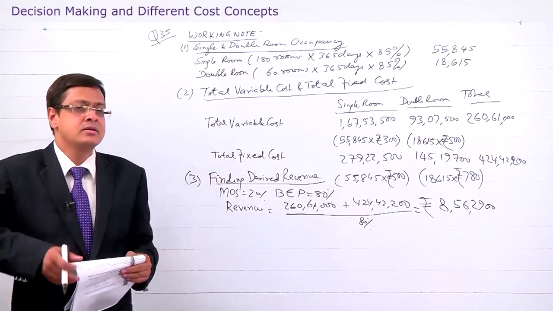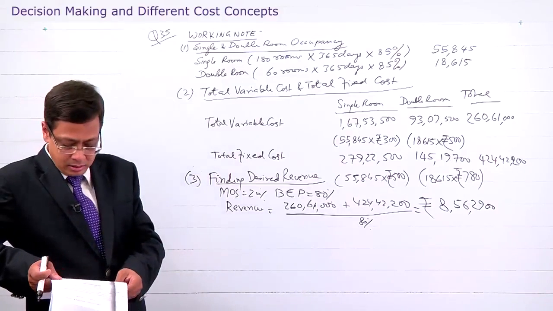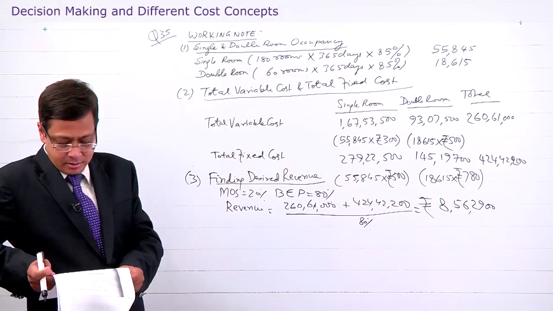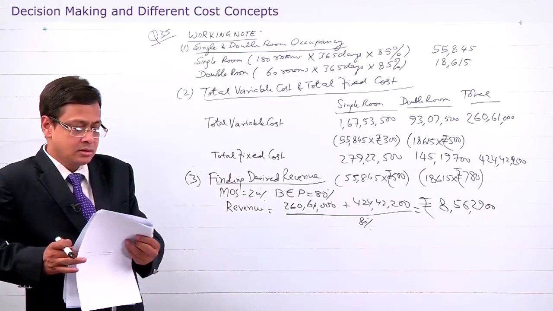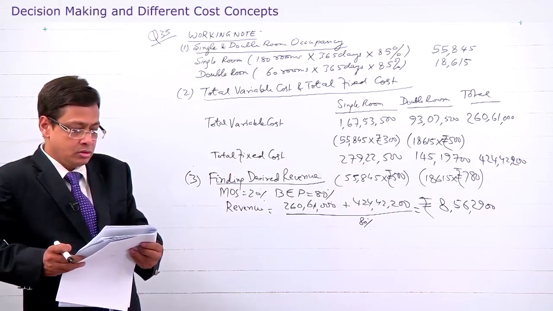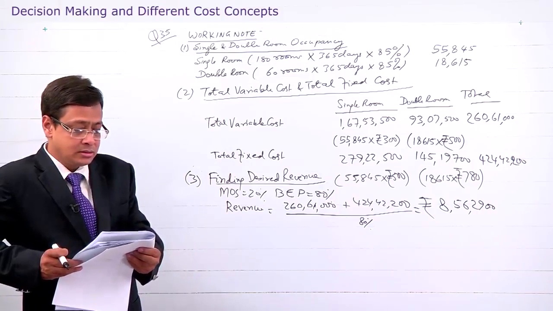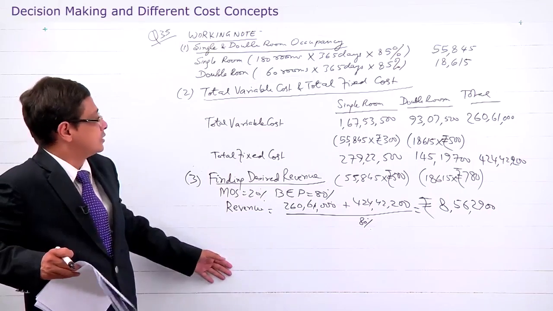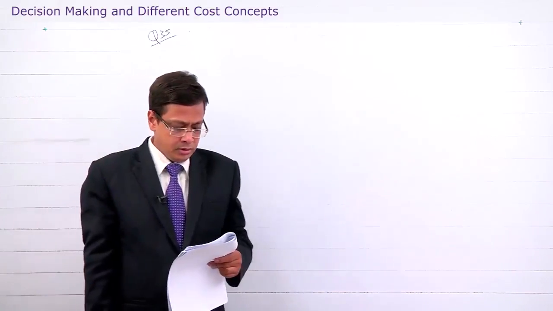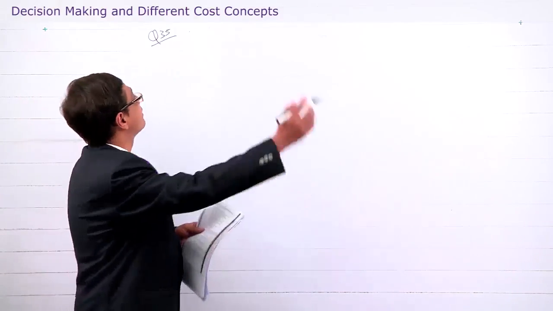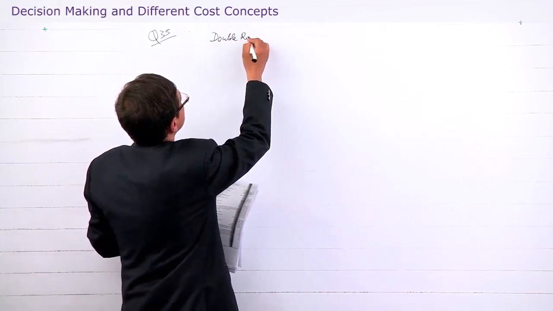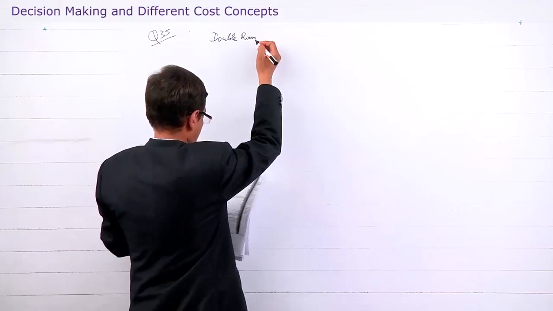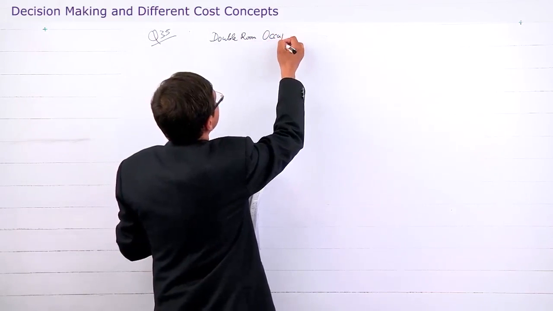So we convert our calculation to find the double room occupancy days. To do this, we are going to do certain calculations. So I will rub this sheet. So we have to do certain calculations. Double room occupancy days.